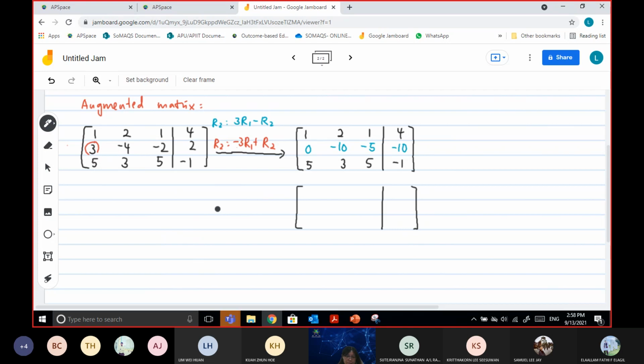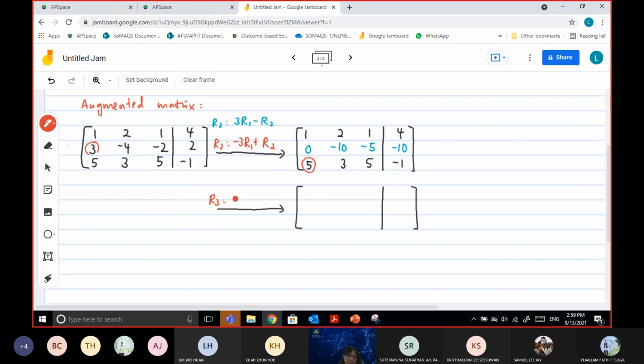Okay, next we would like to target this to make it a 0. We can apply what we have from the first row, and we can have it in the third row.